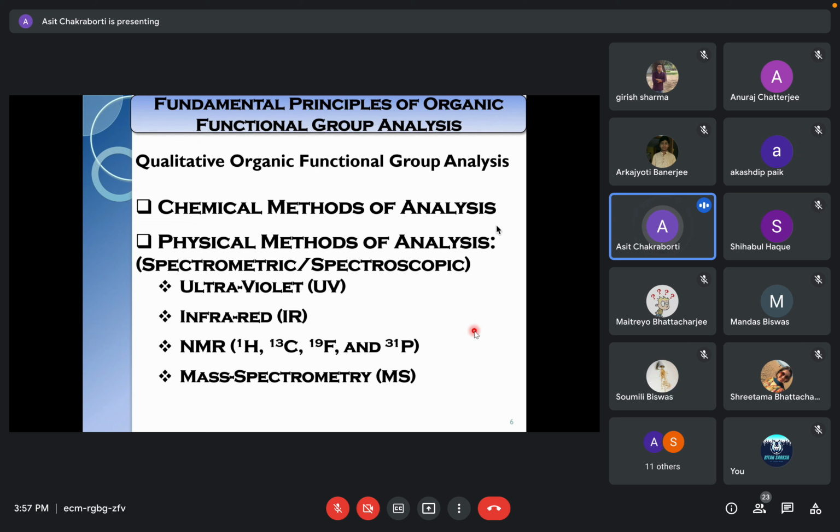Or let me reframe it in a different way. We have discussed these techniques. Out of these four techniques, which one can be used for quantification? Mass also can be used for quantification, although mass is ESI-based. In the case of mass, the electronics is such that we can make use of mass spectrometry for quantification, but you need a reference standard.